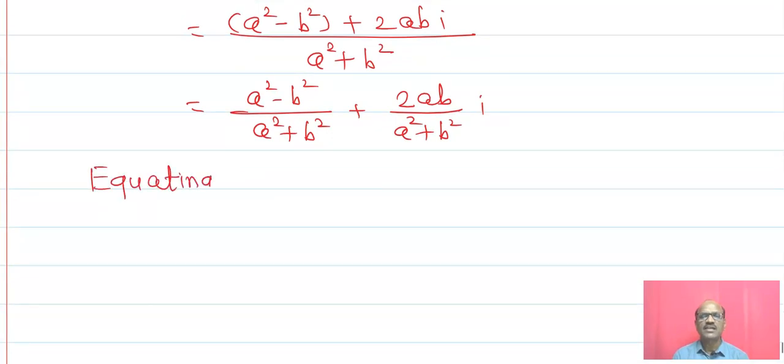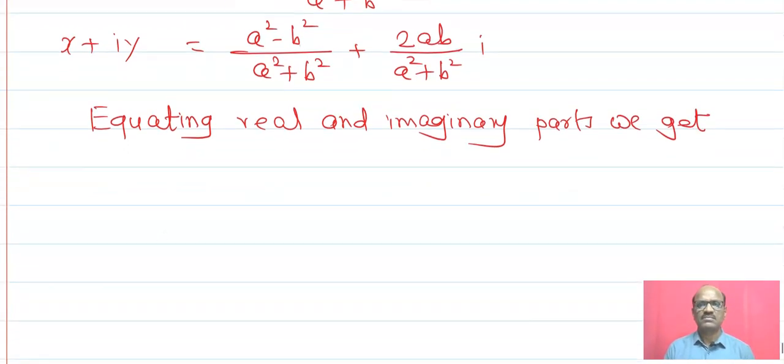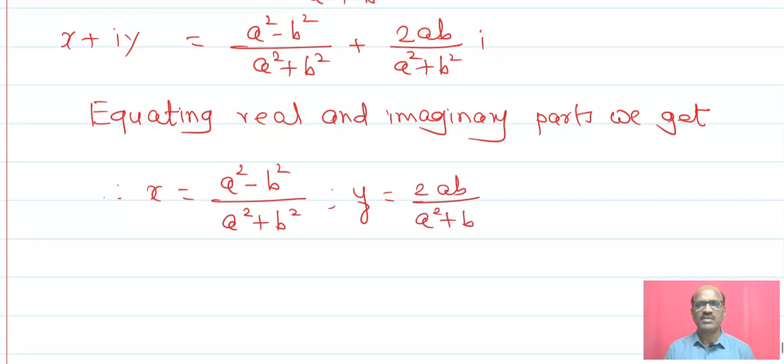Now equating real and imaginary parts, x is equal to a square minus b square upon a square plus b square, and y is equal to 2ab upon a square plus b square.